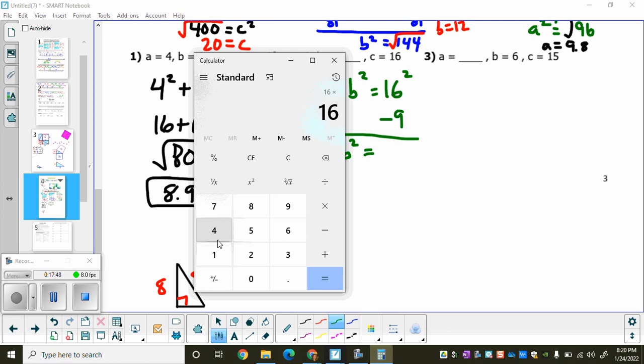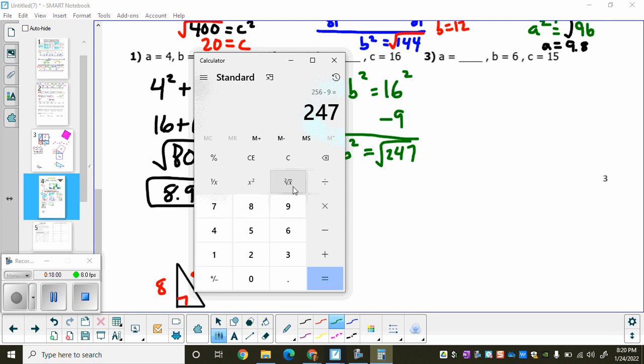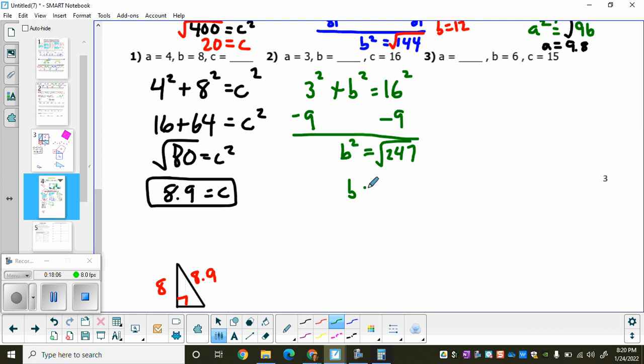Most of you remember that 16 squared is 256. And now I'm going to subtract 3 squared. So I get a 247 here. And now we just need to take the square root of that number. So in the calculator, I can hit square root. And that'll be a 15.7. So B here is about a 15.7.